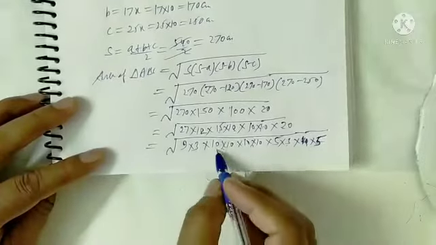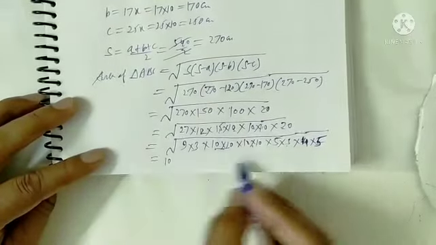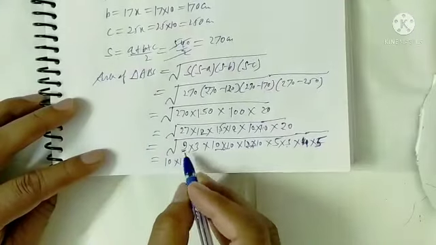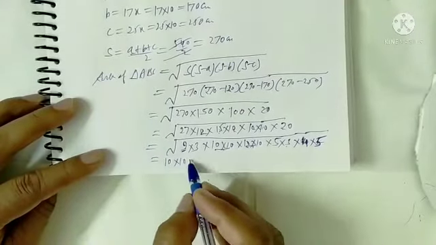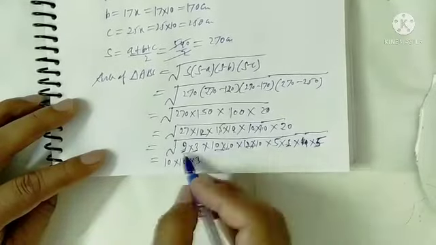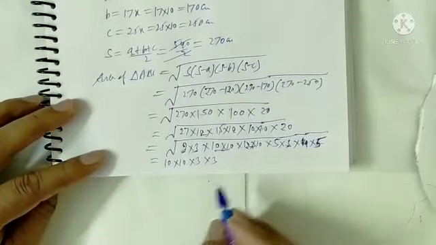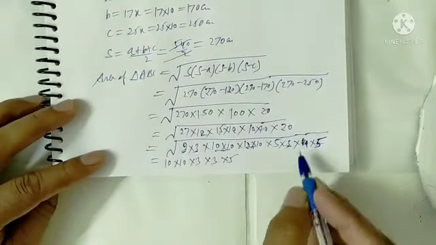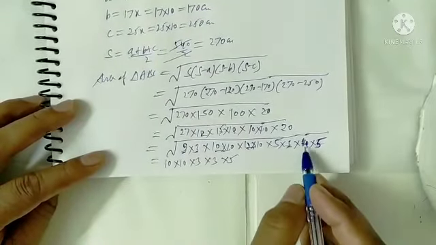Now see, one pair of 10, take 10 outside. The other pair of 10, take 10 outside. The square root of 9 is 3, take 3 outside. One pair of 3 is paired here, take 3 also outside. Now 5 is also paired, 5 is also outside, and 2, what is the square root of 4? 2.